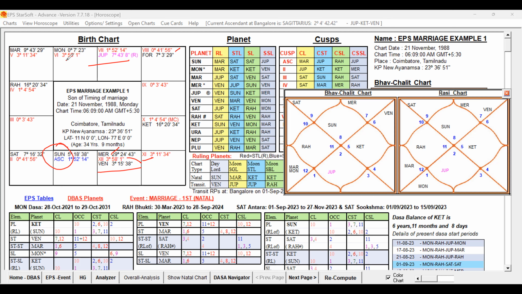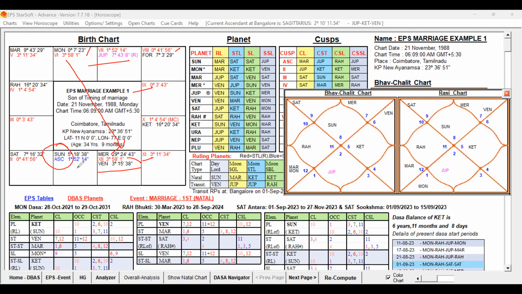And it is aspected by the Moon. Moon is the 9th Lord. Venus is aspected by the Moon from the 5th house. Though it is close to the 6th house, it is in the 5th house. So the 9th Lord occupying the 5th house is aspecting Venus.